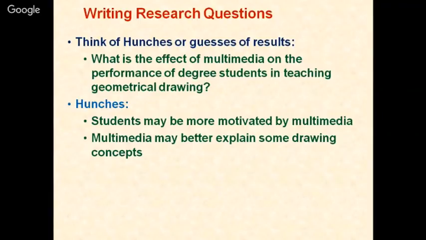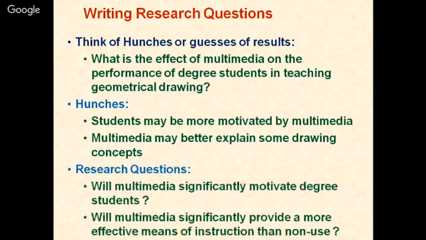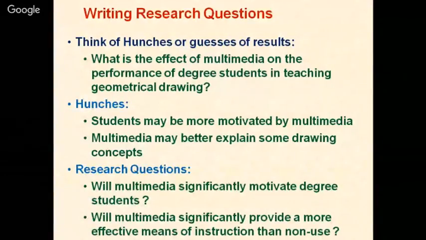These could be the guesses of the results, okay. On the basis of these 2 guesses or hunches, the research questions would be, will multimedia significantly motivate degree students? Will multimedia significantly provide a more effective means of instruction than non-multimedia?